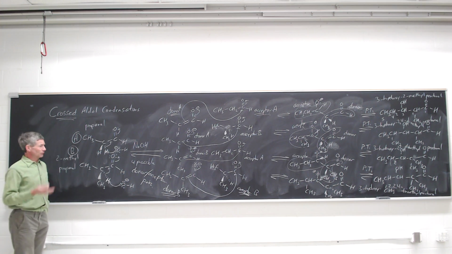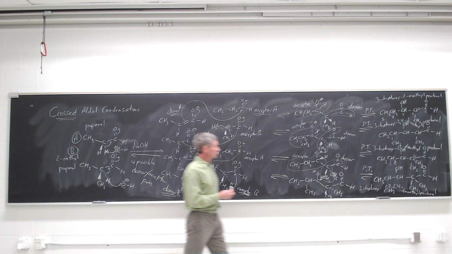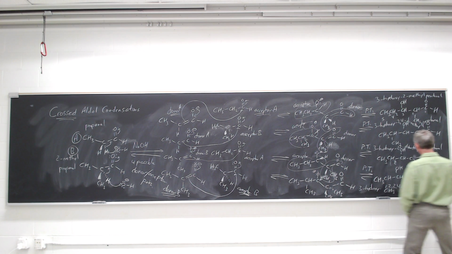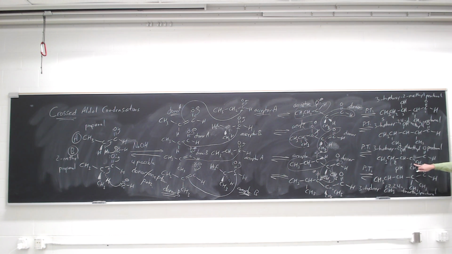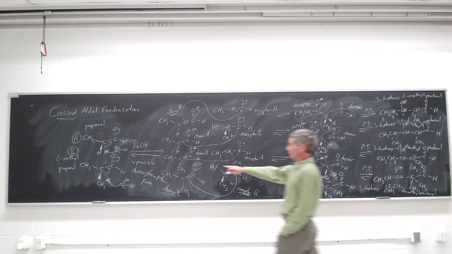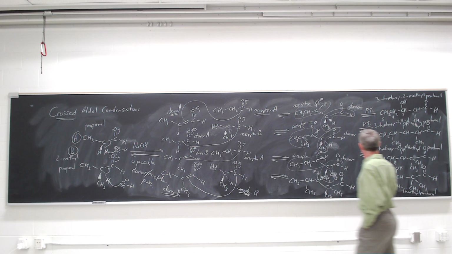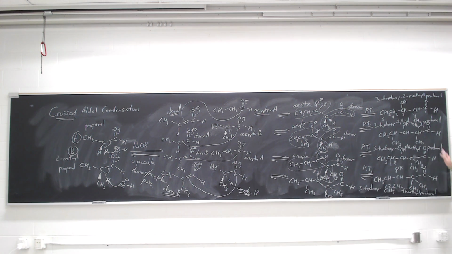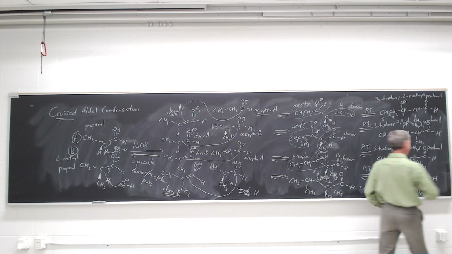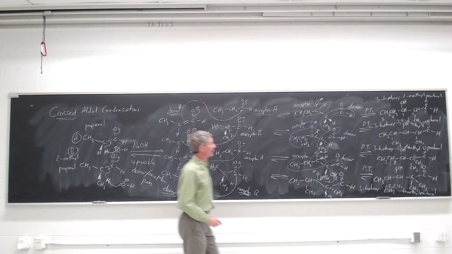So when would it be useful? Well, you'll notice that two of these products have no additional alpha hydrogen. The 2-methylpropanal only had one alpha hydrogen, so it can't go further. There's no way to eliminate water across the alpha and beta positions on these two products and go to the alpha beta unsaturated carbonyl compound.